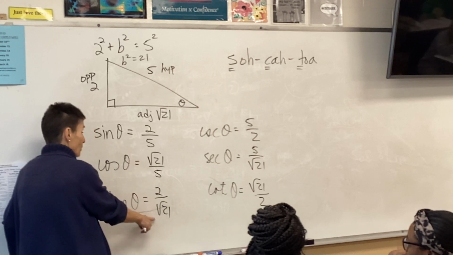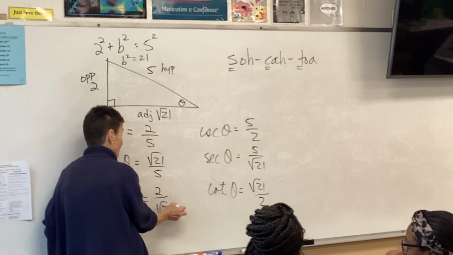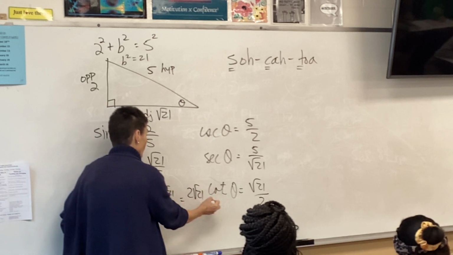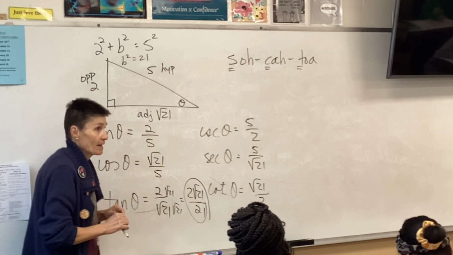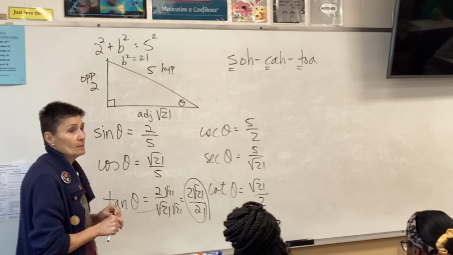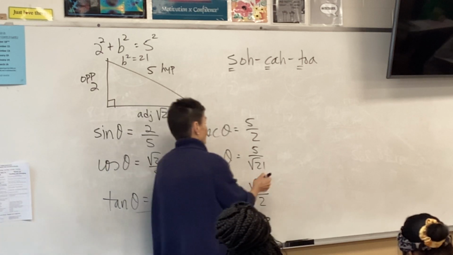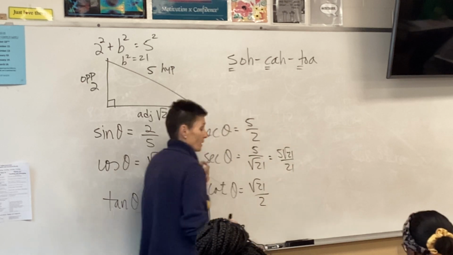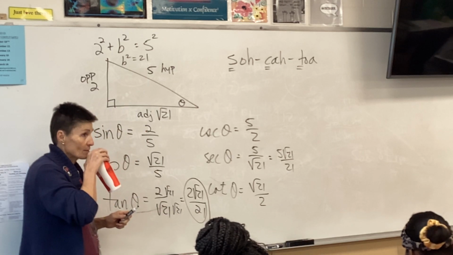Anytime we have a radical in the bottom, we multiply top and bottom by √21. So 2√21 over 21 is the best answer to that problem. You will do a similar thing with your secant, so it will be 5√21 over 21. Everybody okay with that? Remember that rule about radicals on the bottom?